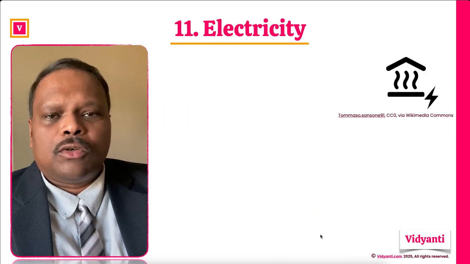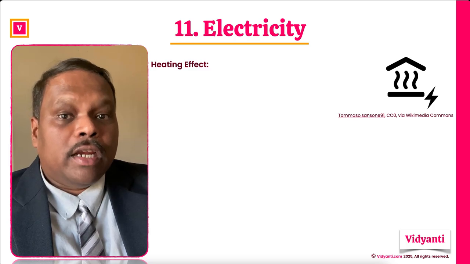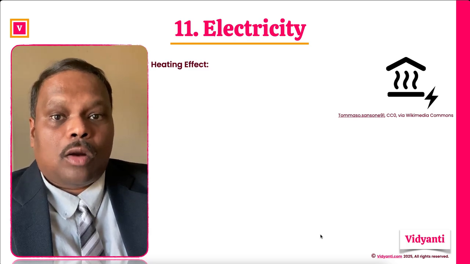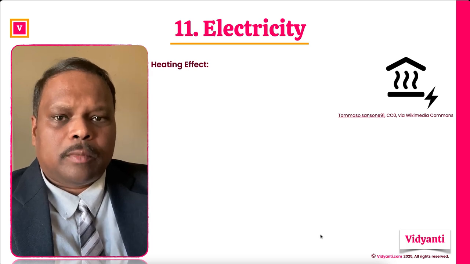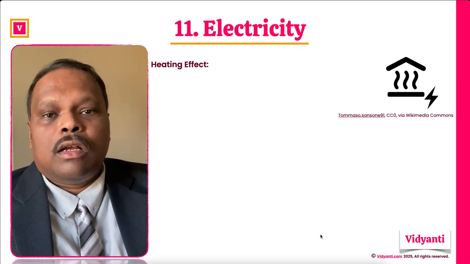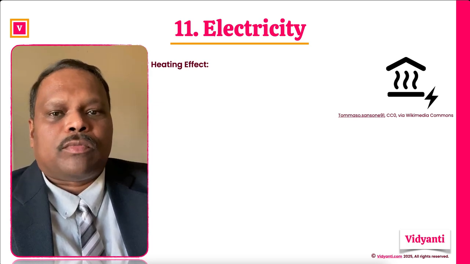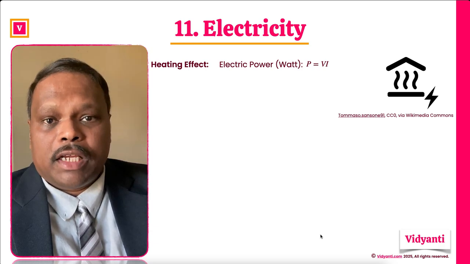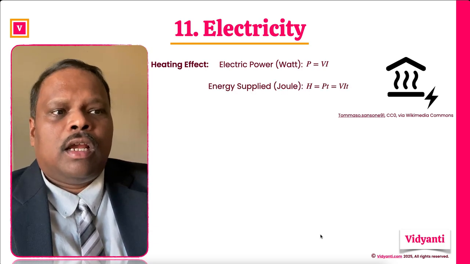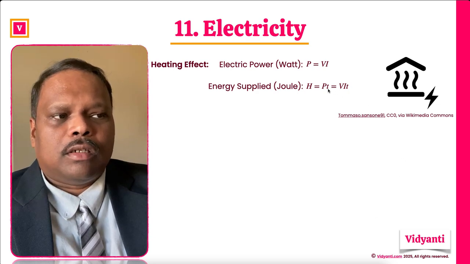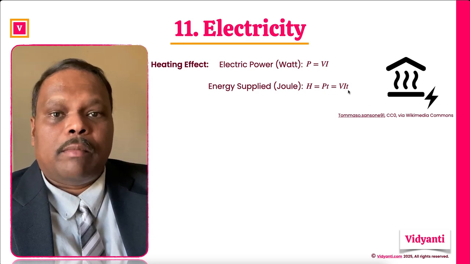With this, let's go to the next subtopic, which is the heating effect of electric current. We normally use resistances in specific applications. For example, we have the electric heater to heat, let's say, a bucket of water. In that case, the electric power is given by voltage times current, and the energy supplied will be voltage times current multiplied by time.